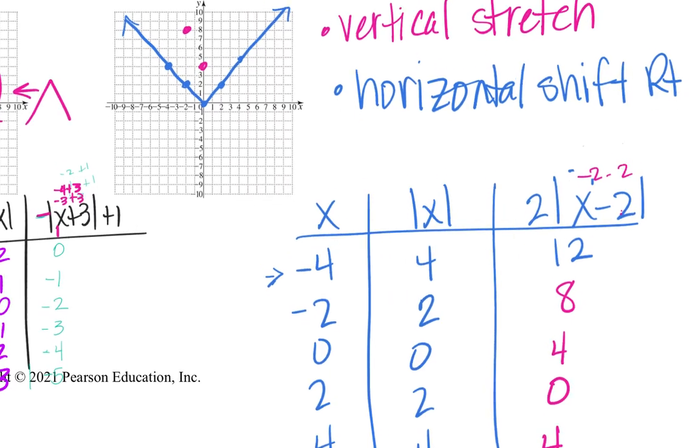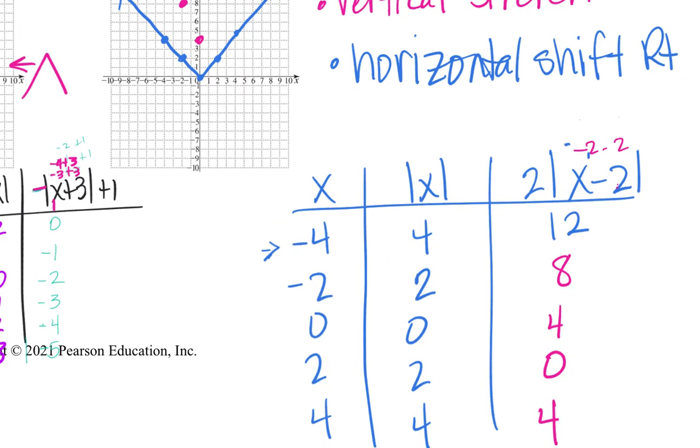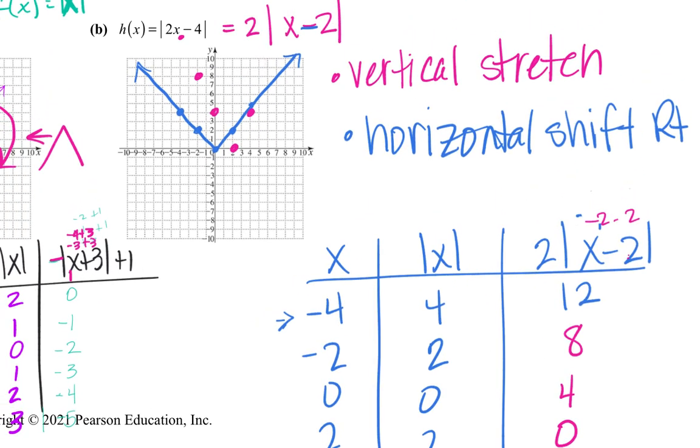Then 2, 0, and 4, 4. So you get an idea.